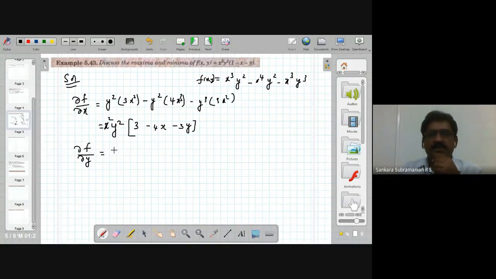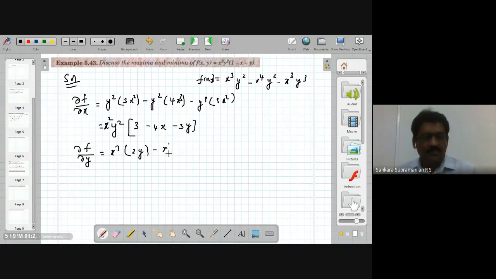So here you should treat x as a constant. Let x cube be taken out. Differentiating y square, you get 2y, minus taking x to the power 4 out. Differentiating y square, you get 2y again. And then minus taking x cube out, you will be getting 3y square.